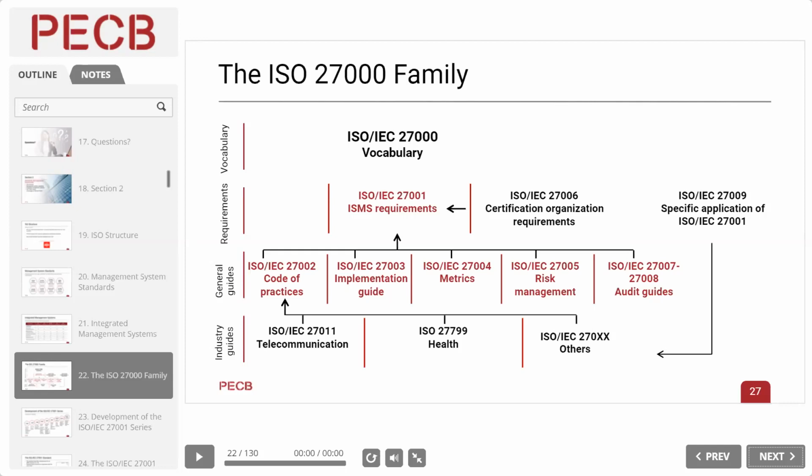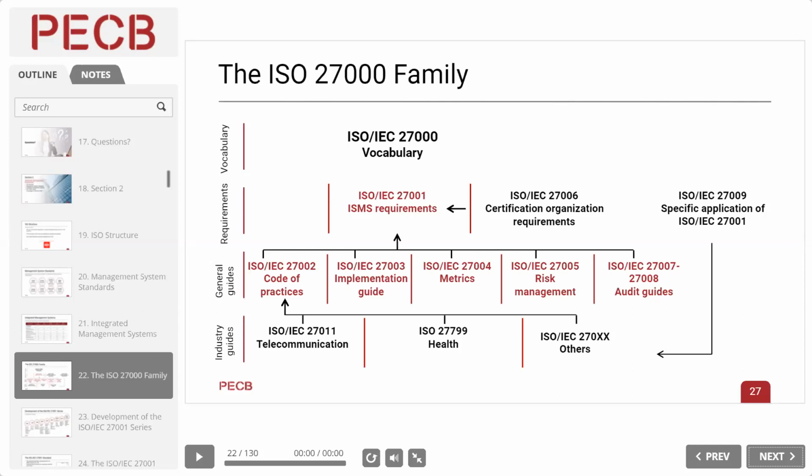Then there's an additional document, 27,009, which just gives some added guidelines of the specific application of 27,001. Okay, but the training that we are going to experience today, and if and when we join the full 27 lead implementer, covers all the documents in red.